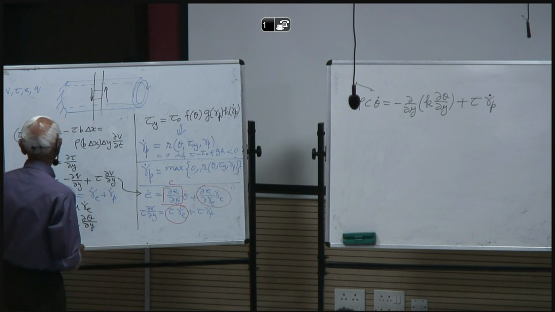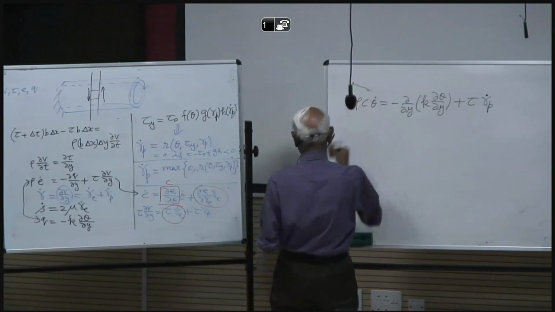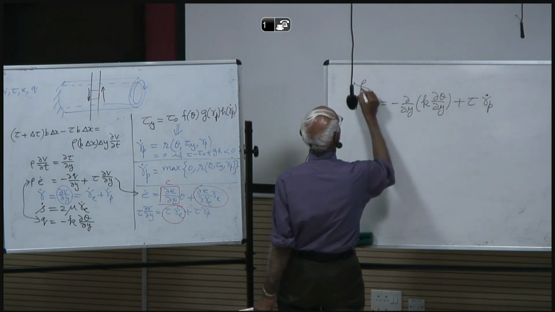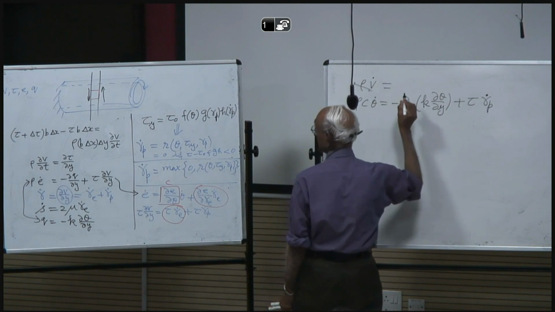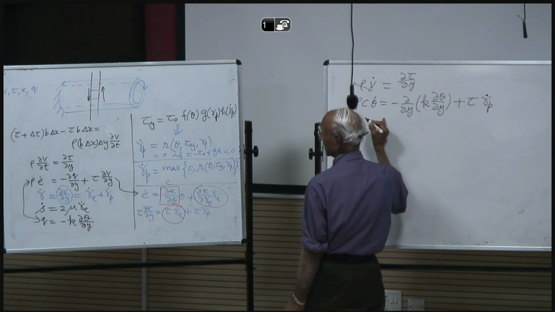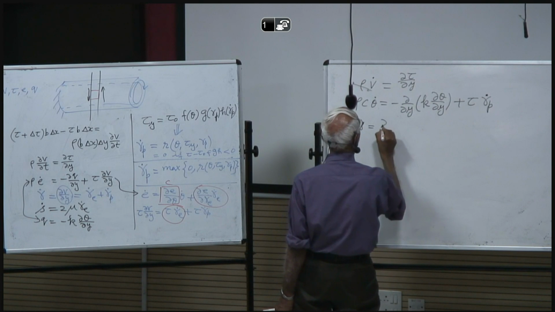Now if you count the number of equations, let me rewrite it. So we have rho v dot equal to delta tau over delta y, then this, and we have gamma dot equal to delta v over delta y.